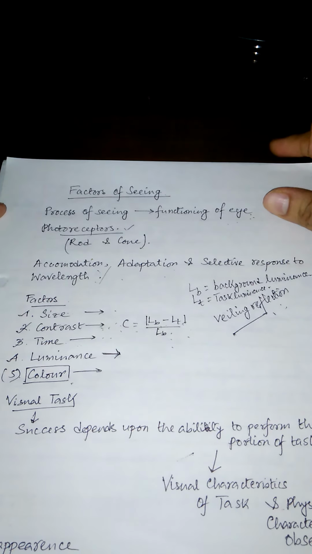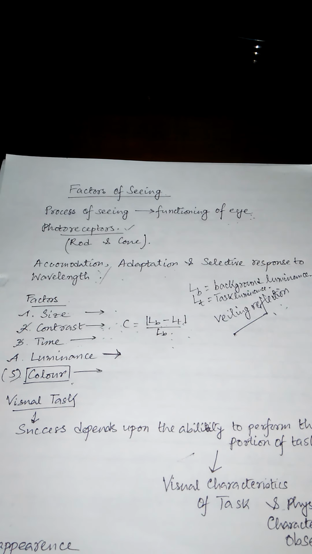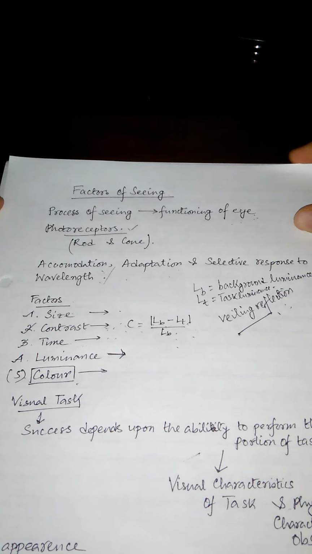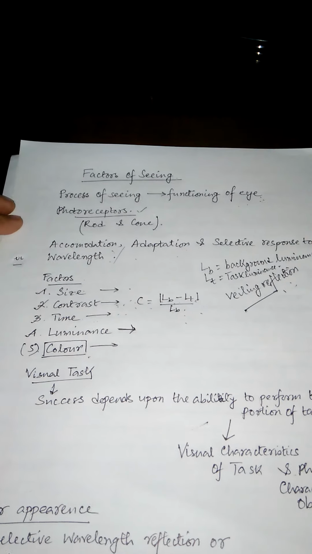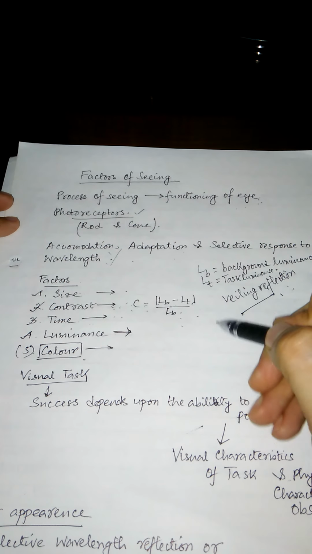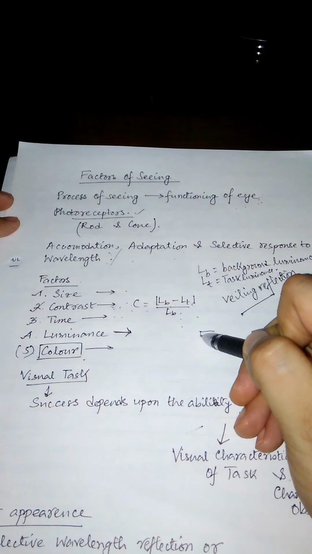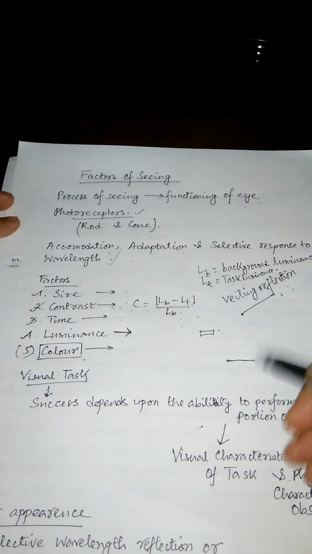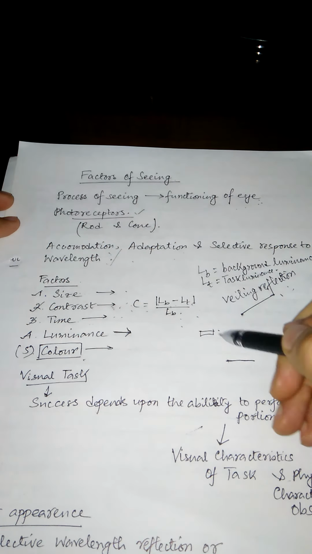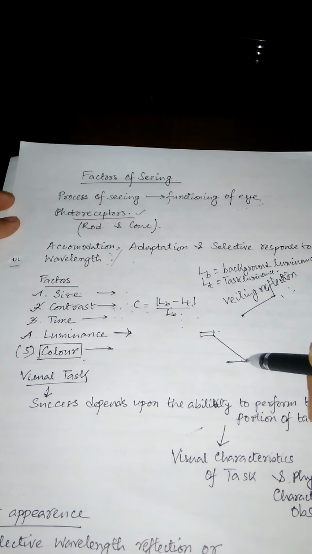Now the luminance. So what is luminance? From the basic definitions of illumination technology, we get the definitions of illuminance and luminance. Suppose this is a particular light source and this is the object. The light source sends light in these directions.